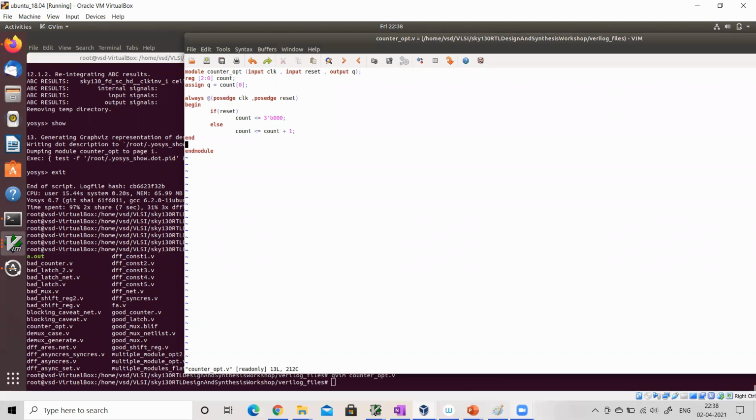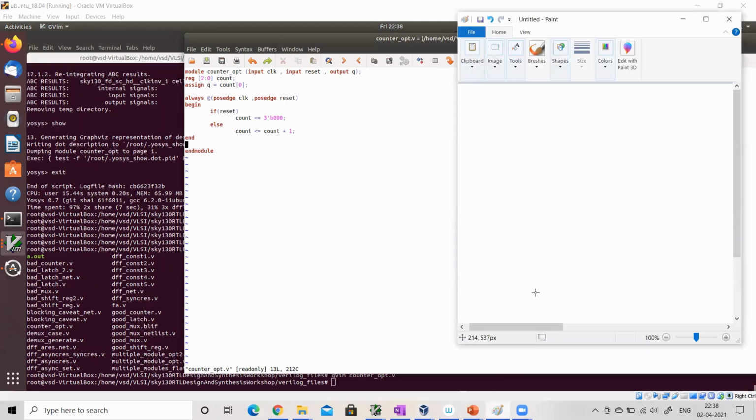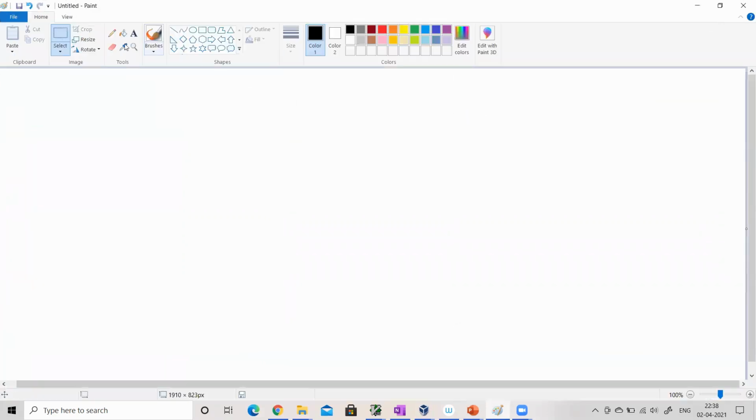Okay, so let's try to draw it. I have a 3-bit up counter, which I am calling count[2:0].